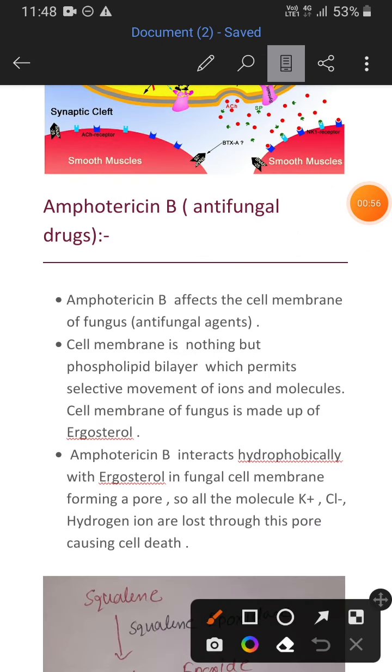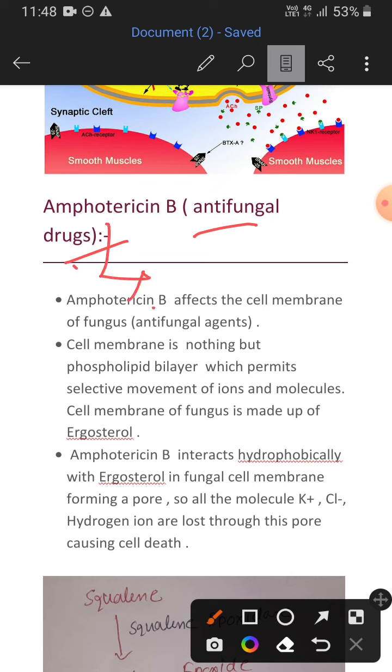What is amphotericin B? First of all, we need to know that amphotericin B is an antifungal drug. If you want to memorize everything regarding fungal drugs or bacterial drugs, you need to maintain a pattern so that it is very easy to remember, otherwise it becomes haphazard.